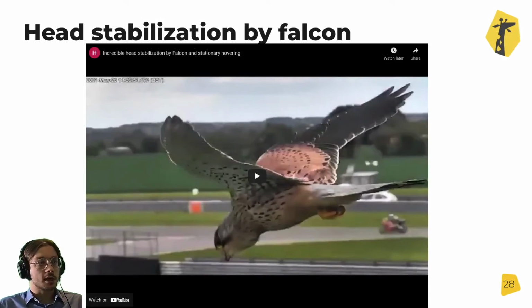This is how this system works. A very improved eye and a very static head position enable birds to look at very big distances and estimate everything they need.